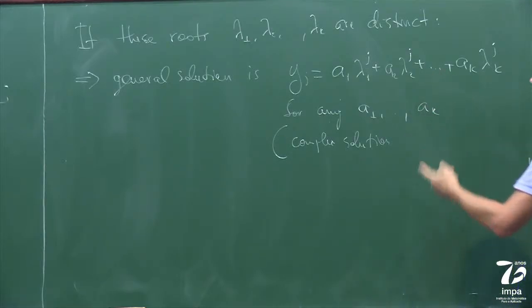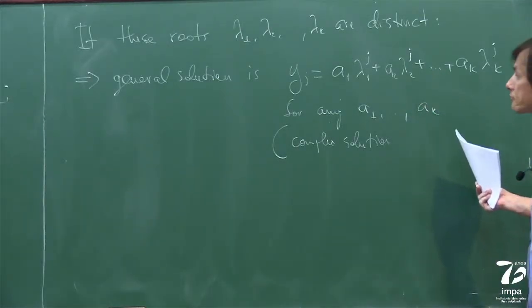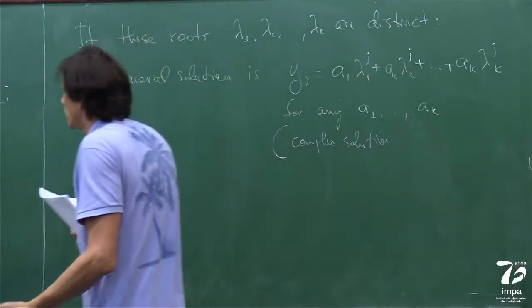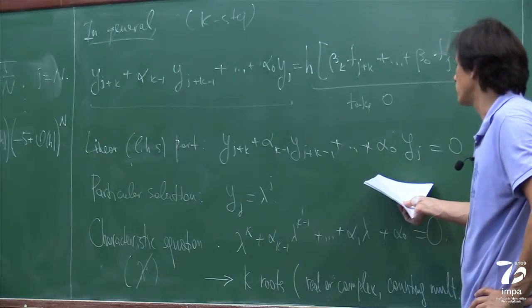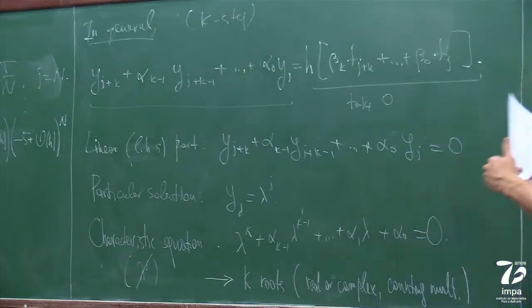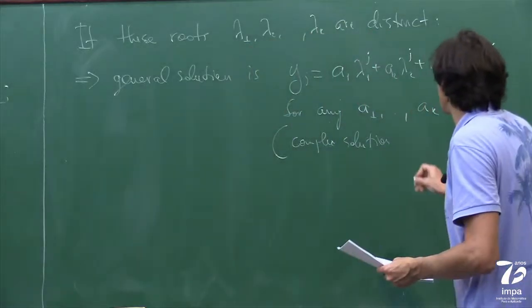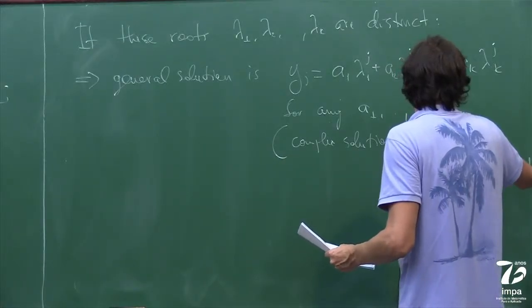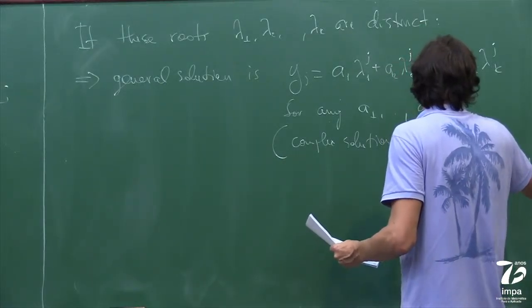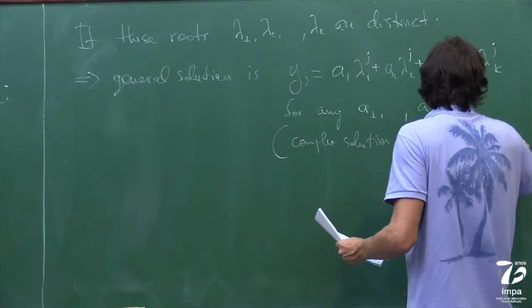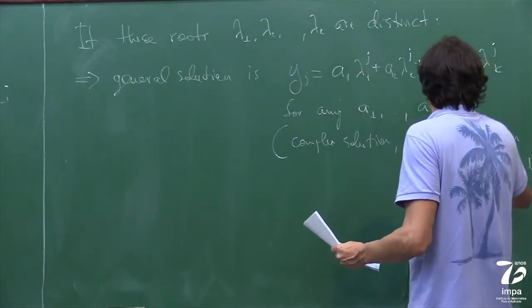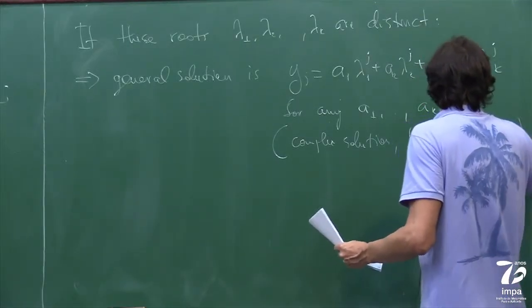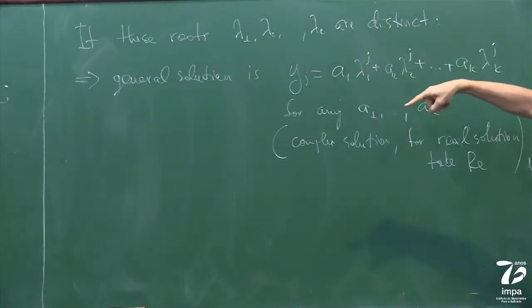But this is a linear system with real coefficients, so for a real solution you just take the real part. If you take the real part of this, it's also a solution.